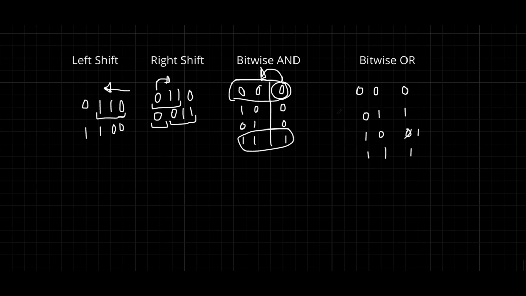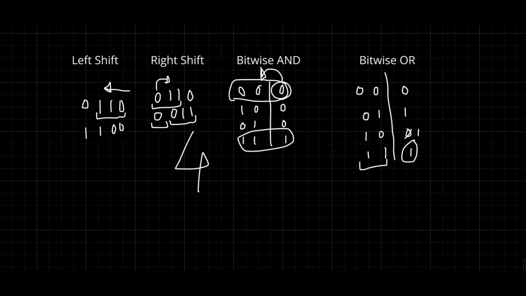That means if any of the two bits is 1, then the output will be 1. So this is the basic concept of these 4 terms: left shift, right shift, bitwise AND and bitwise OR. And we will use these 4 concepts to solve the reverse bits problem.